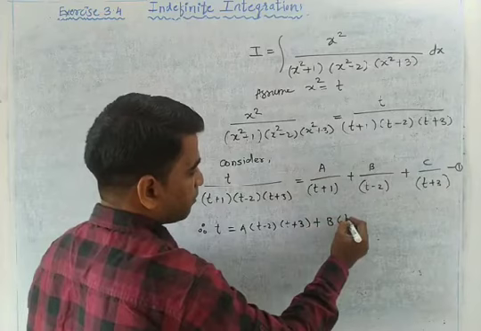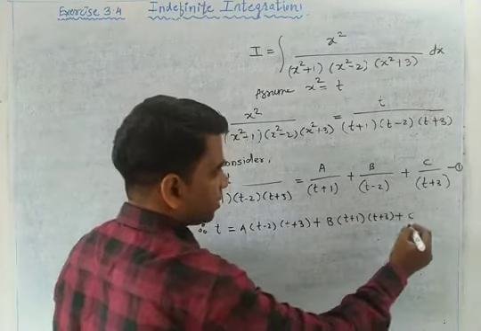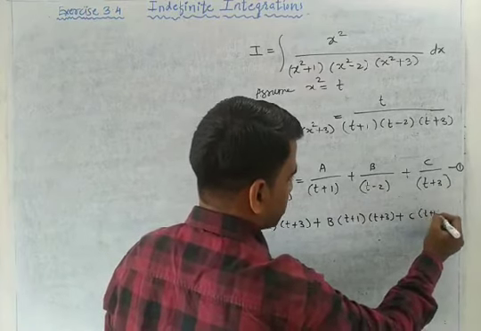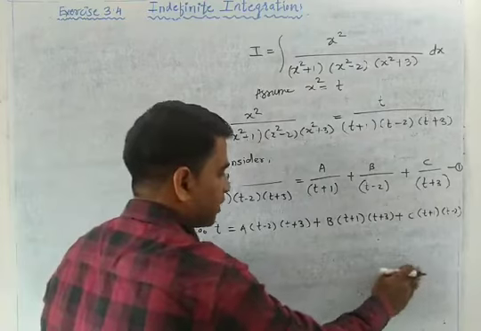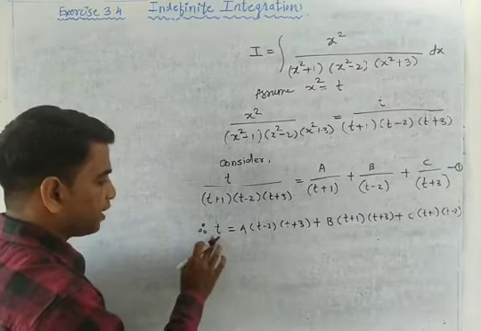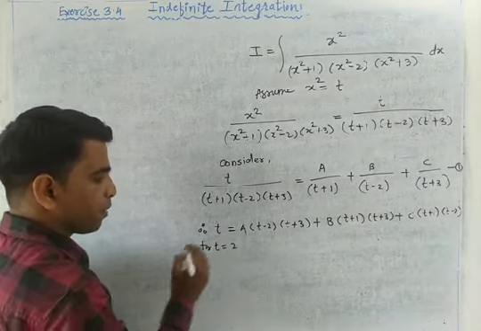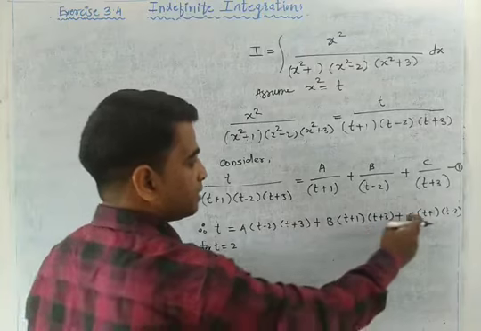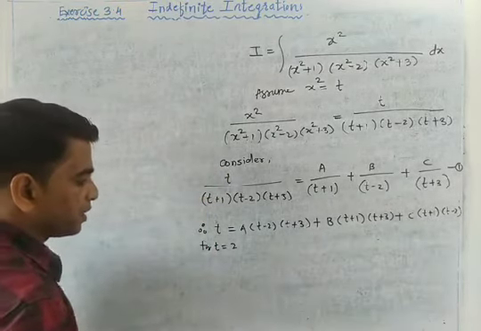In a similar way, b will be multiplied by t plus 1, t plus 3, plus c will be multiplied by t plus 1, t minus 2. Okay, so now we are going to find the values of a, b and c. For this, start by checking where it becomes 0. So for t equal to 2, the a part and c part will become 0, and easily we will get the value of b. Get that?